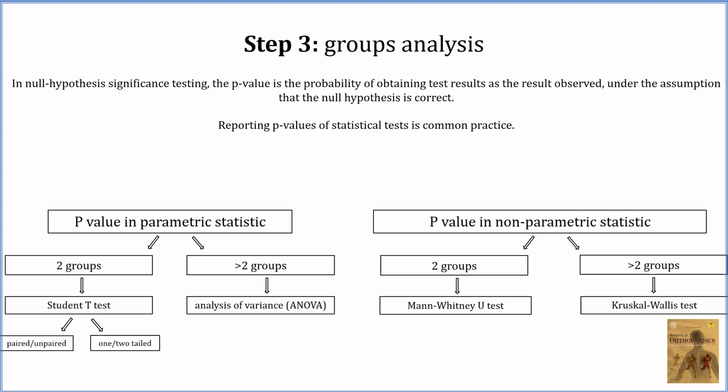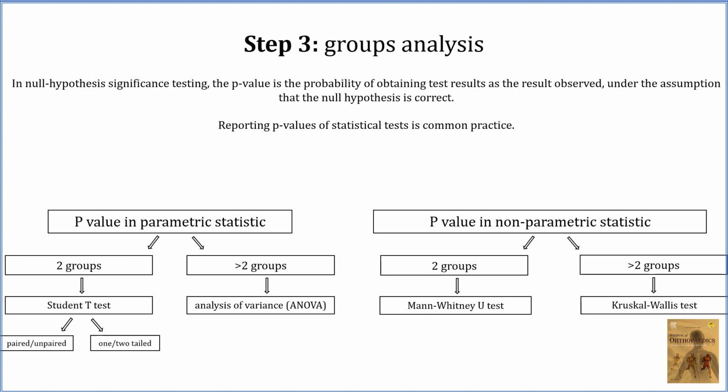In this respect, we have to point out that if we want to evaluate the improvement of a group during the follow-up, we use the paired t-test. If we are comparing two different groups, we use the unpaired t-test. Whether we use the one-tailed or two-tailed test depends on the original claim in question.